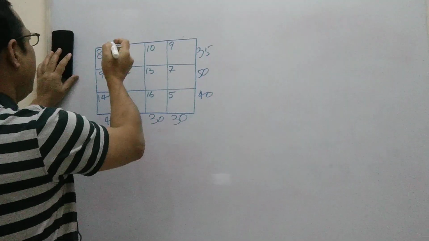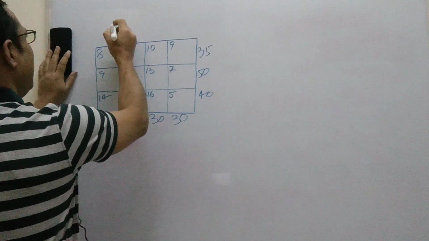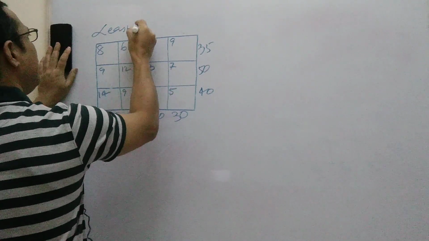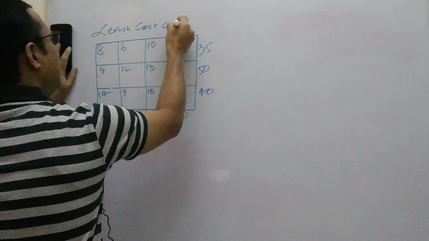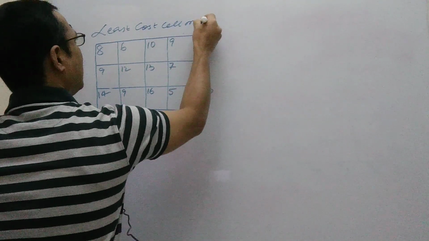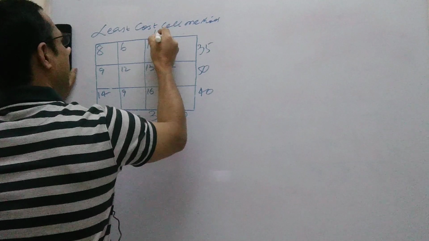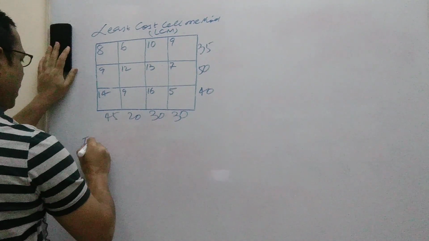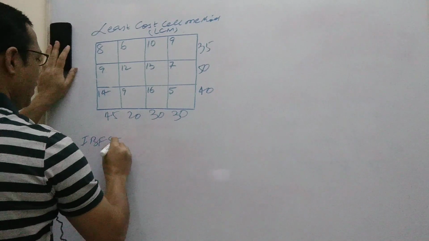So now I am going to apply the UV method over the least cost cell method. For this problem, first I will apply the least cost cell method, LCM, that is the abbreviation, to get the initial basic feasible solution.